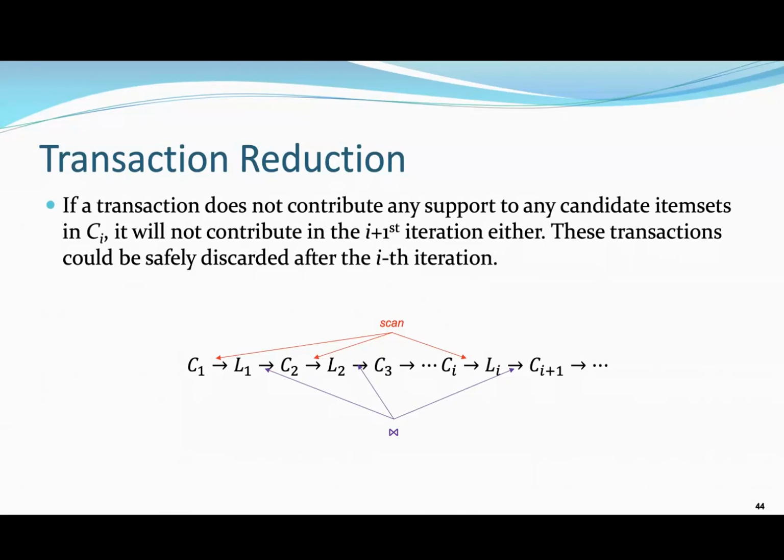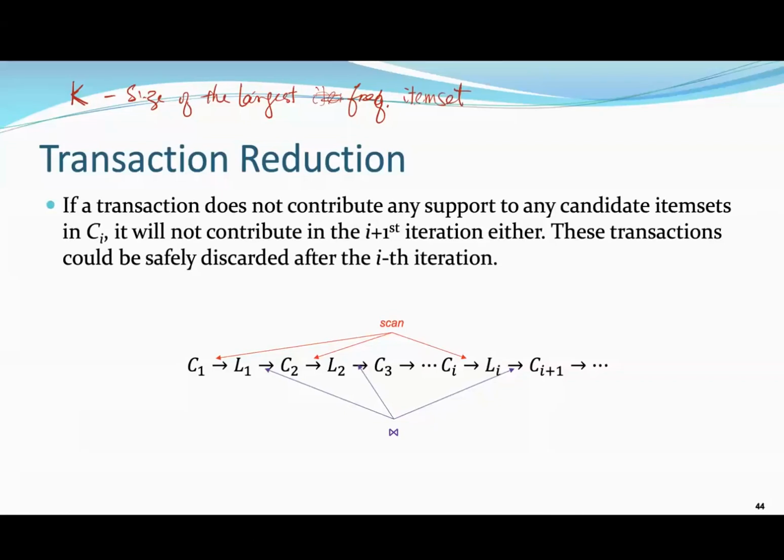Now, the question here is, suppose I have K being the size of the largest frequent item sets in the data set. Right? So let's say K is the size of the largest frequent item set in the data sets.